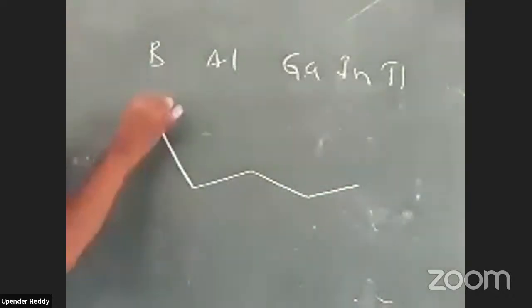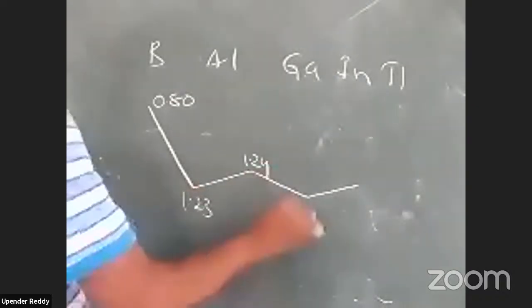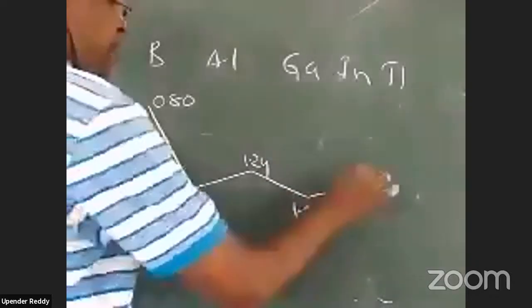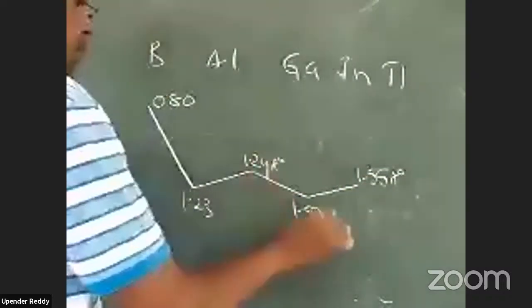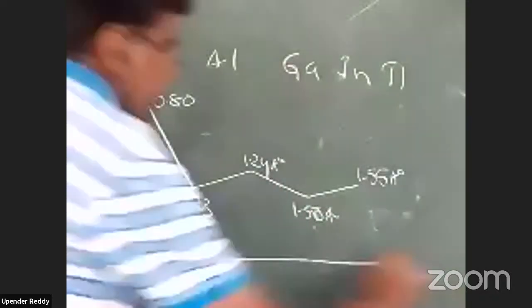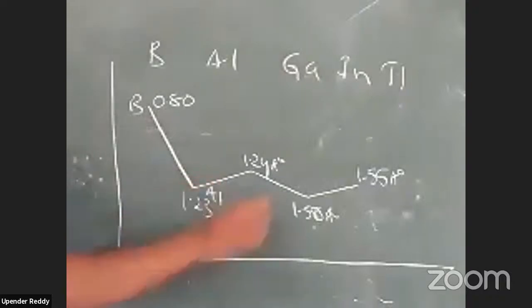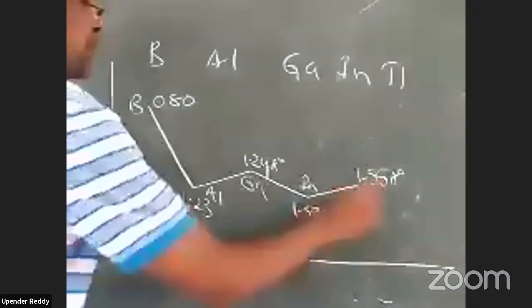That is, boron is 0.8, 1.23, 1.24, 1.5, 1.55 angstroms. It is the size of boron, aluminium, gallium, indium, thallium. You can write it down and keep it in mind.